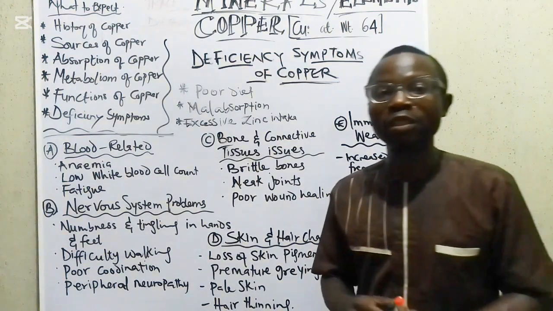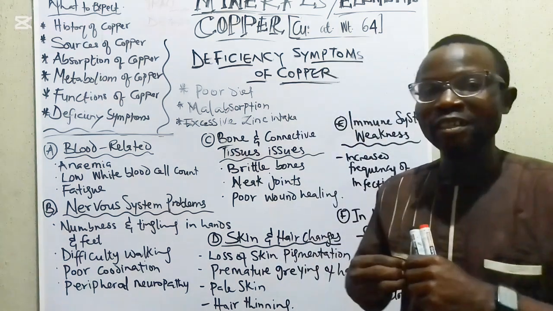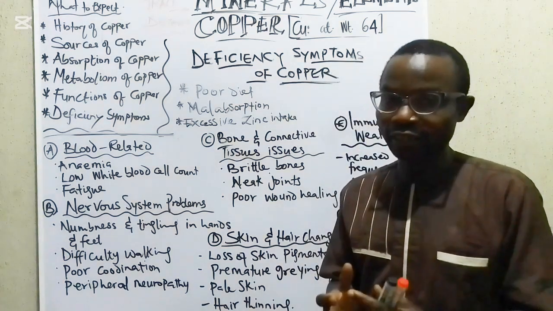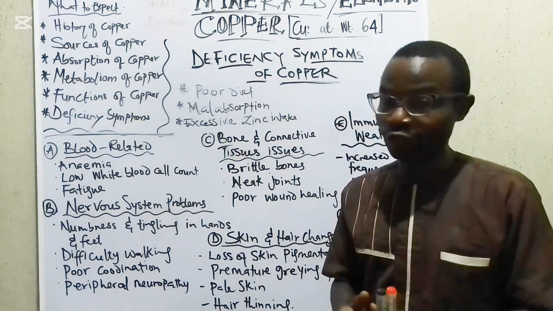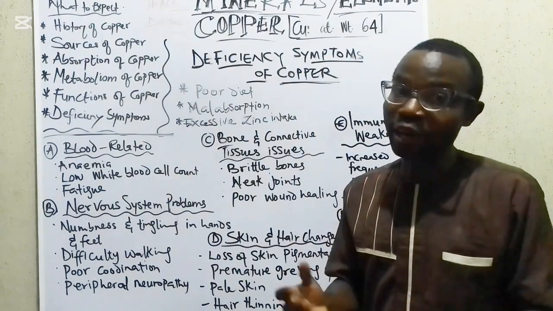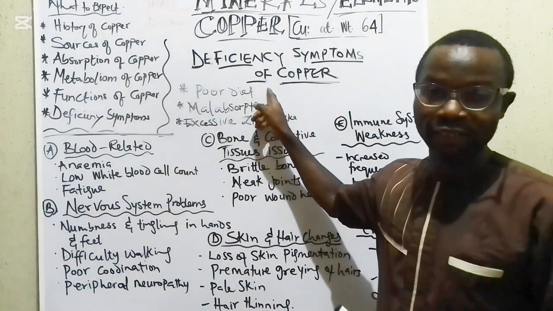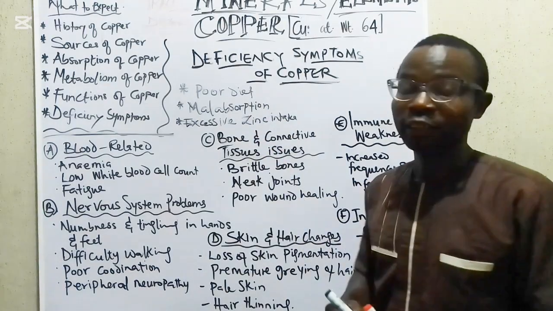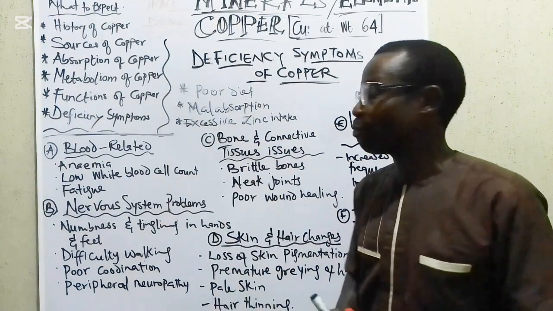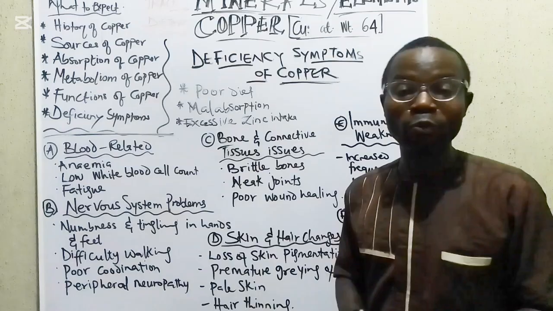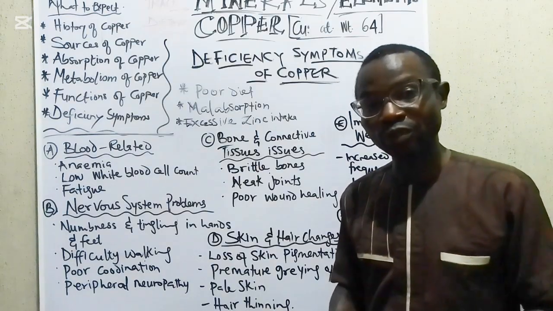But mind you, deficiency of copper as a dietary mineral is not common, but whenever it occurs, it's usually because of poor diet, and in other cases it can be a result of malabsorption, where absorption is not properly carried out.